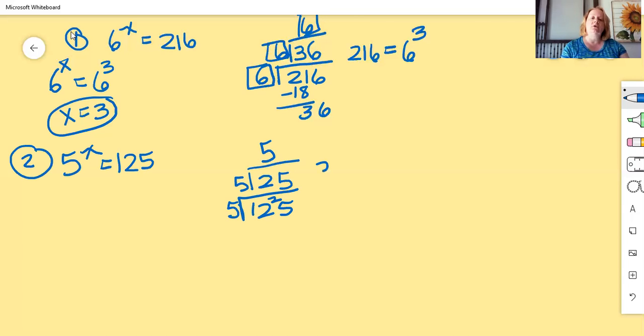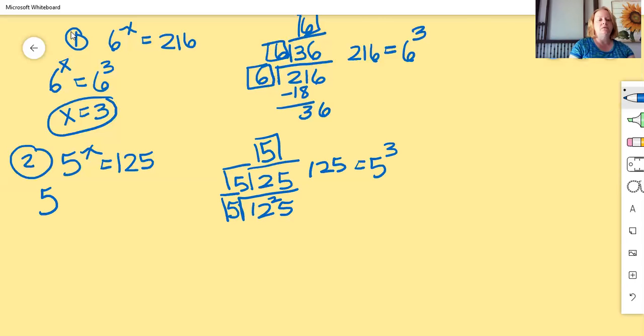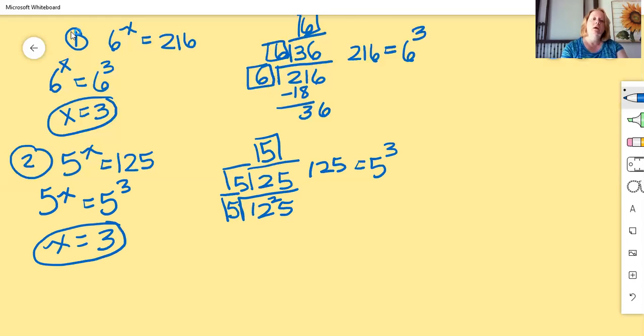So we know 125 is going to equal 5 to the third, because there's 3 5s. We don't have any remainder, so that's 5 to the third. So 5 to the x equals 5 to the third, and so x again is going to equal 3. Okay? All right, let's go on to a different example here.